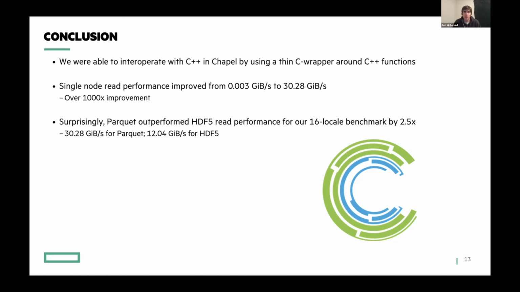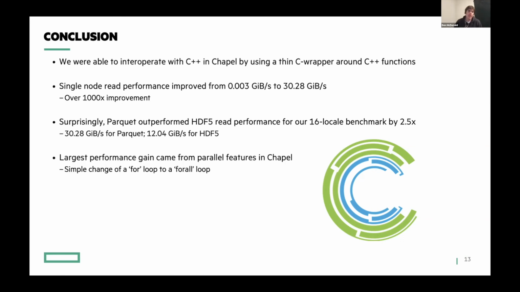The reason this was so surprising is because, like I mentioned, HDF5 is designed specifically for HPC, so you would just assume that HDF5 would be a better fit here. But we saw that wasn't quite the case, due to the parallelism that I mentioned. The last thing I want to mention is a nod towards Chapel.